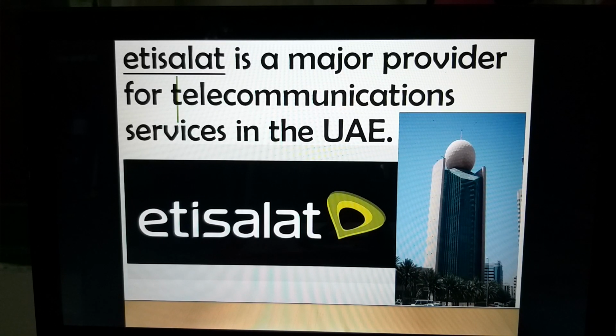Okay, it is a major provider for telecommunication services in the UAE. People pay for telecommunication services. Sometimes Wi-Fi is provided free for customers in places like shopping centers, restaurants, office, and hospitals. Okay, so this is all for now.